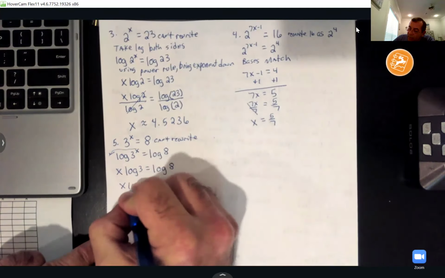So let's see. 1.8928. All right, I got 2 of them saying 1.8928, so I'm going to assume that equals 1.8928. And y'all, let me show you. All they did was they went on that calculator and they did a log of 8.